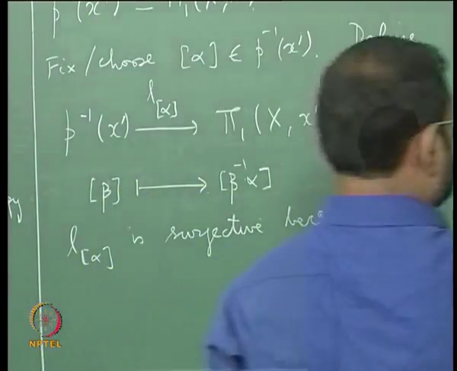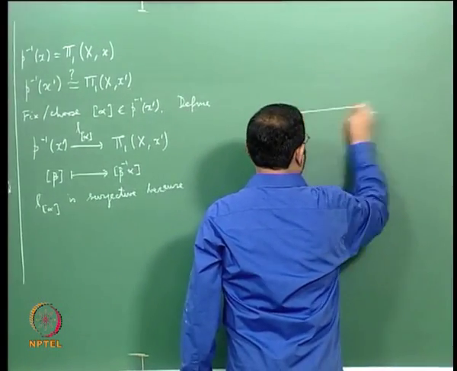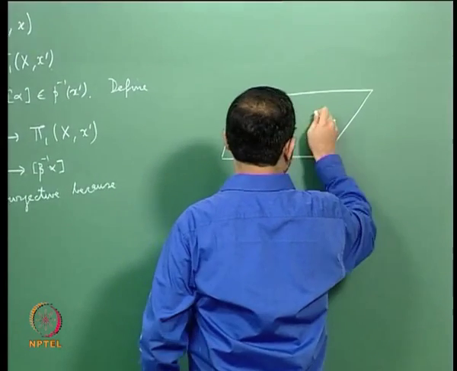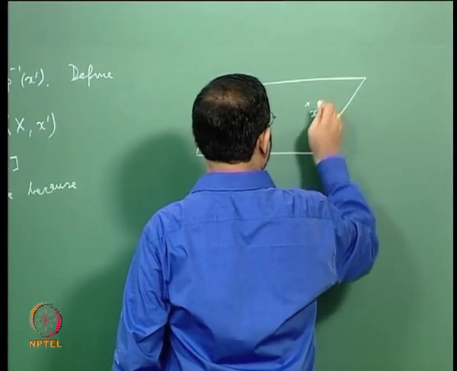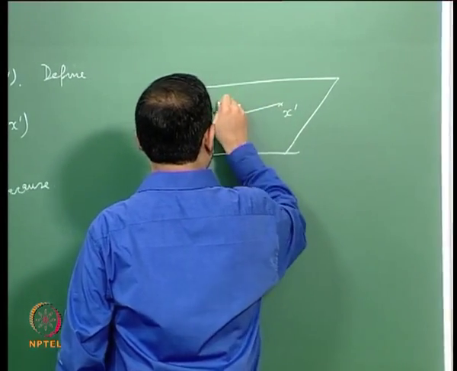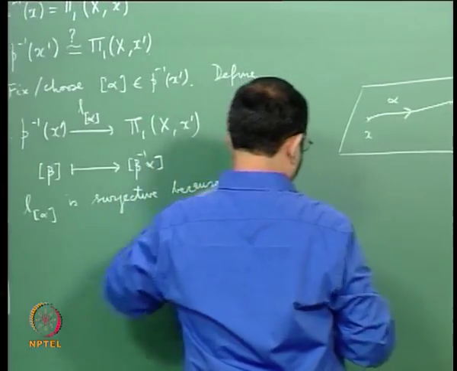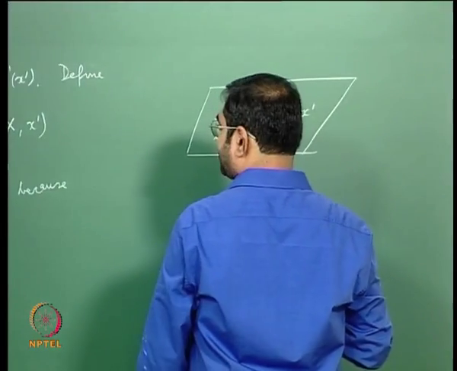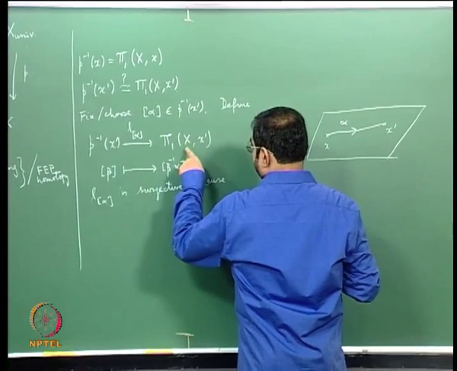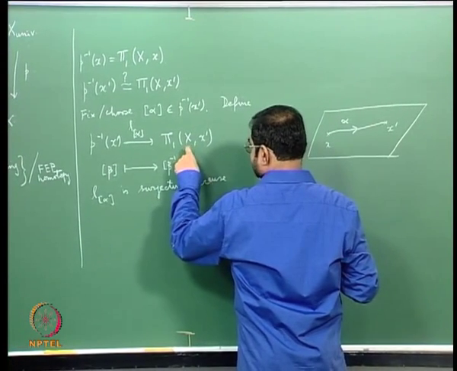let me again draw another diagram here. So I have x prime, so here is x, this is the path alpha that I have chosen, that I have fixed, the homotopy class of alpha has been fixed, and I have to show that this is the image of this map.